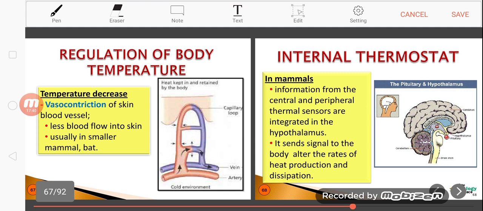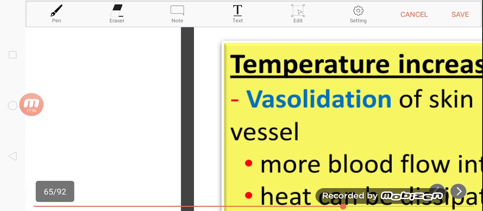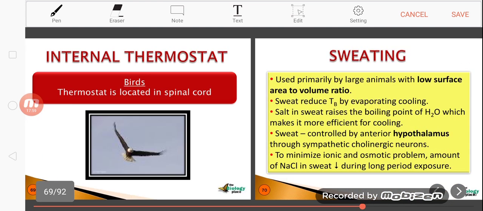Once the hypothalamus integrates the information, it will send signals to the body to execute whatever mechanism is needed to balance back the stimulus, whether hot or cold. Okay, I think this one was covered in the YouTube video shared.